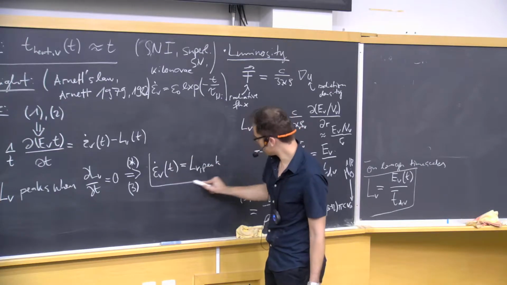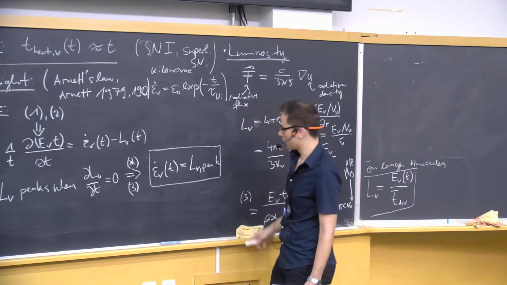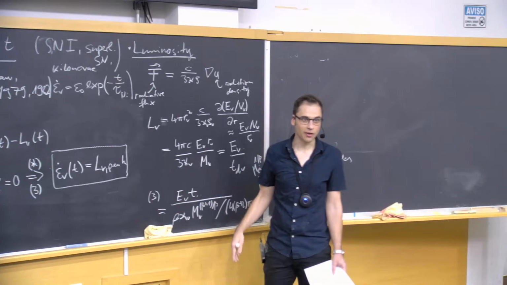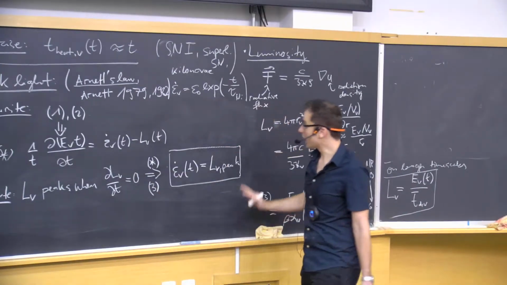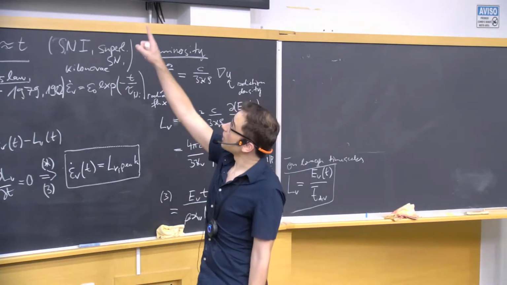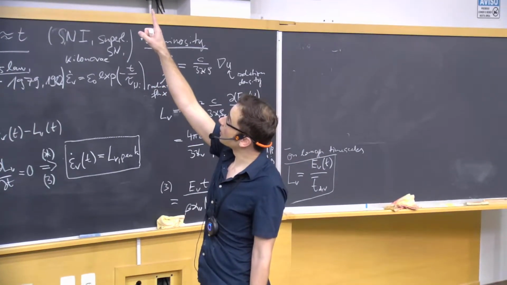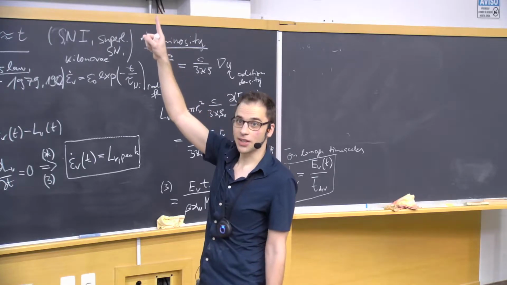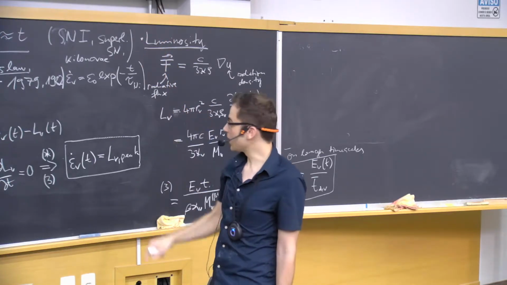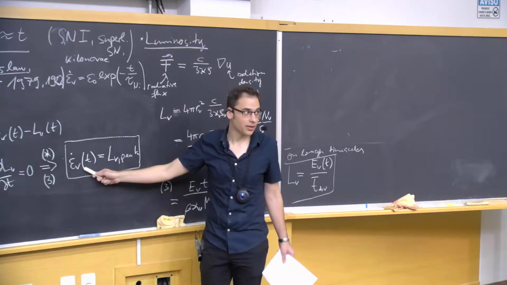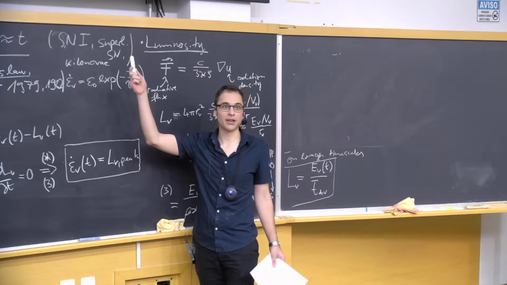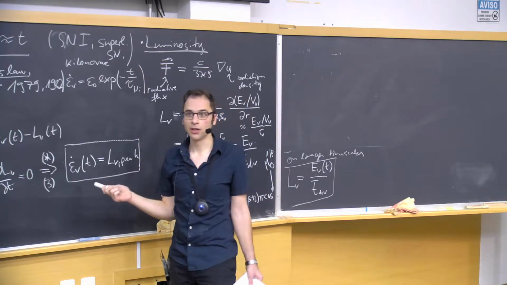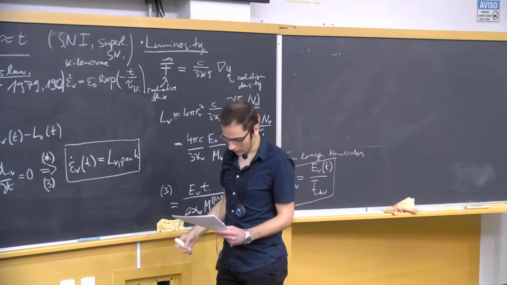And that's exactly what's known as, this is a more general version of what is called Arnett's law. So in other words, if we measure the peak luminosity of the transient in this figure, we can directly infer the nuclear heating rate, which is interesting because we can directly infer something about nuclear physics just by looking at the data at peak light. That's a very useful relation to have in mind.